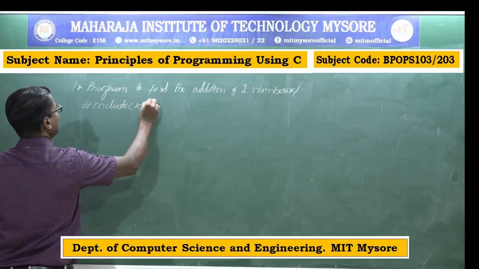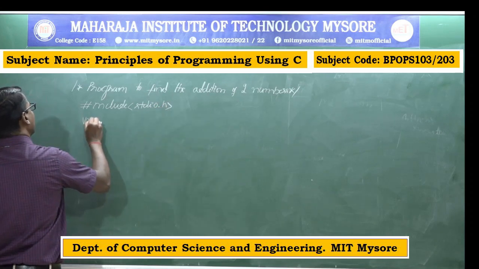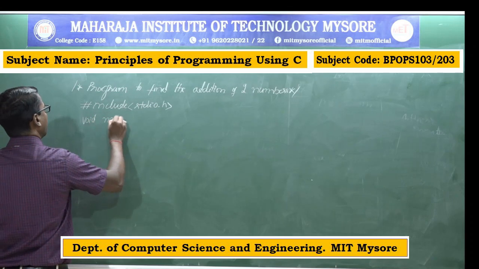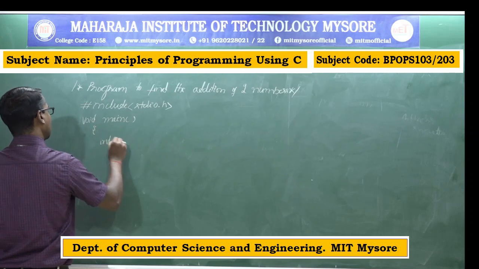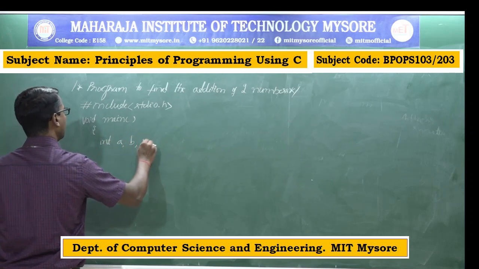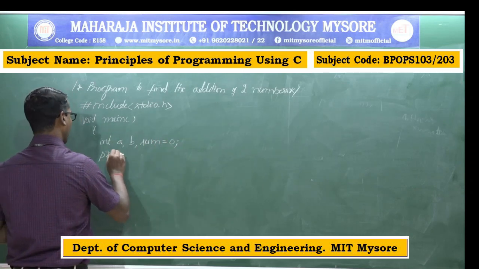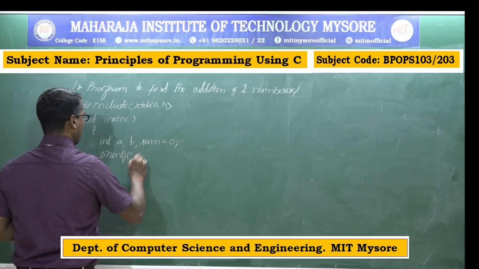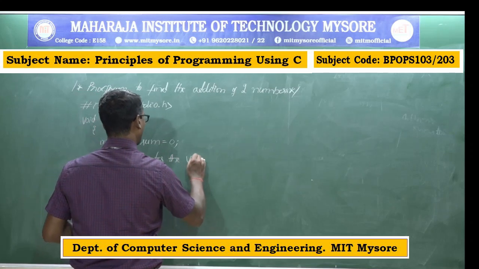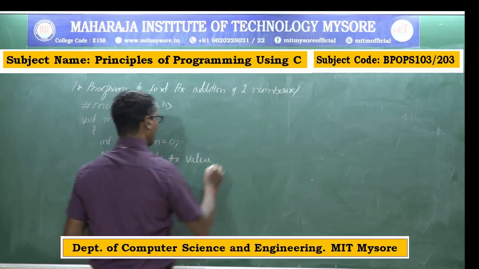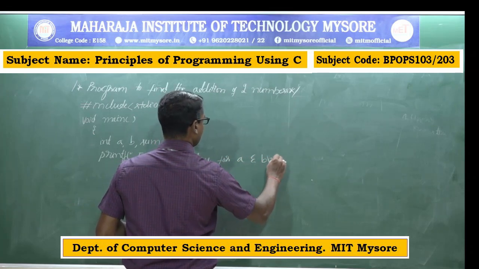Hash include stdio dot h, void main, int a, b, sum is equal to 0. Printf enter the value for a and b.